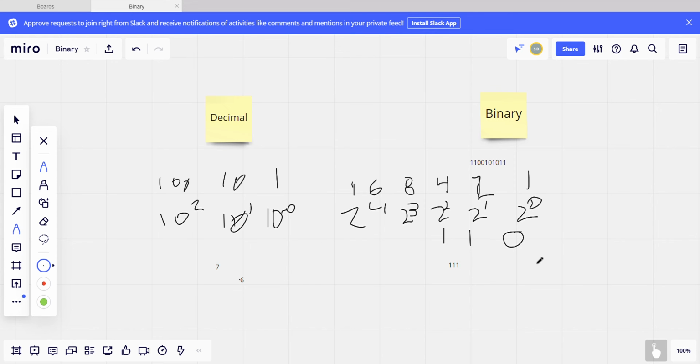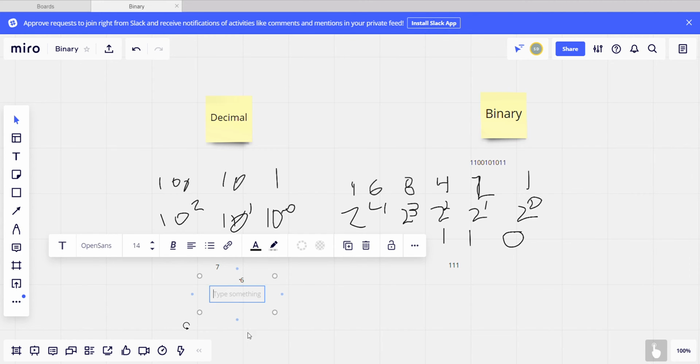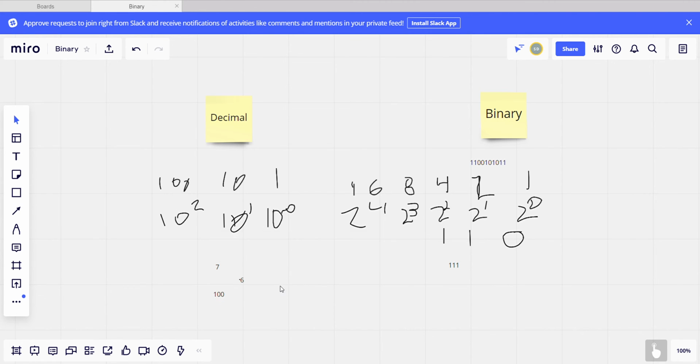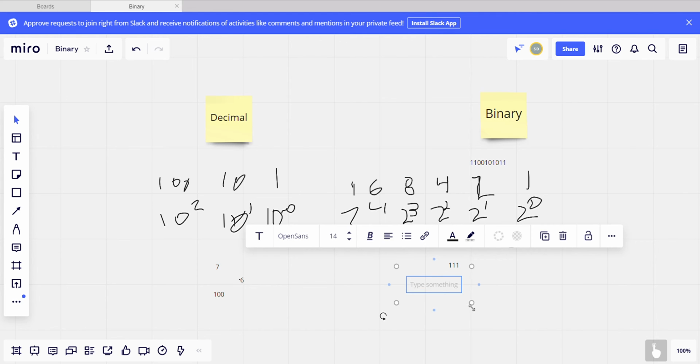Now, let's tackle some harder numbers. How about 100? In decimal form, it would just be 100. We all know that. But in binary, let's write out our places.